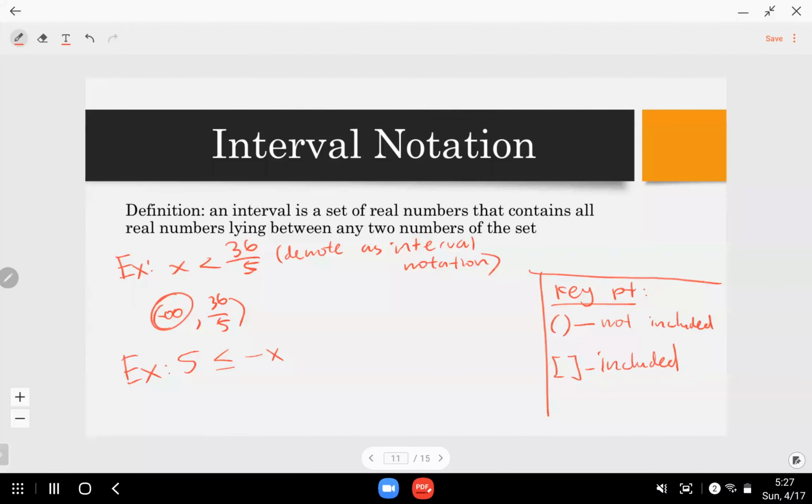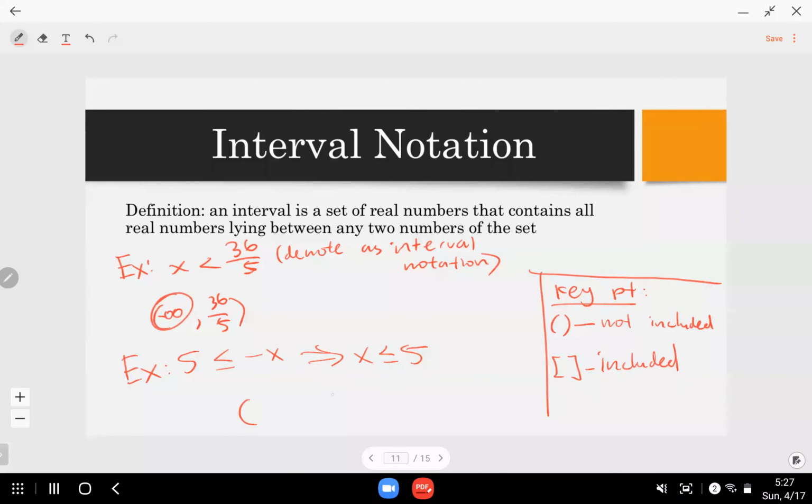Wait, so that negative 5 is greater than x. Yeah, negative 5 is greater or equal to x. And then your lower bracket is 5, I think, and then the top is negative infinity.